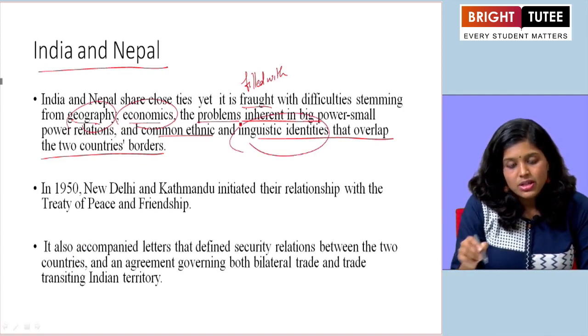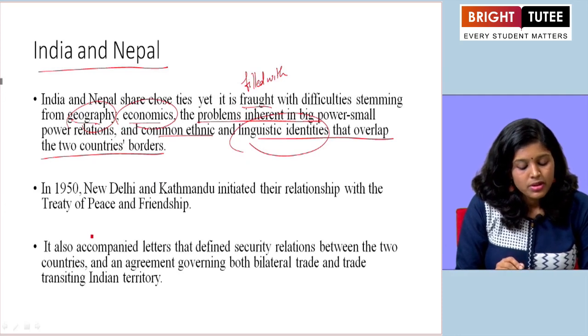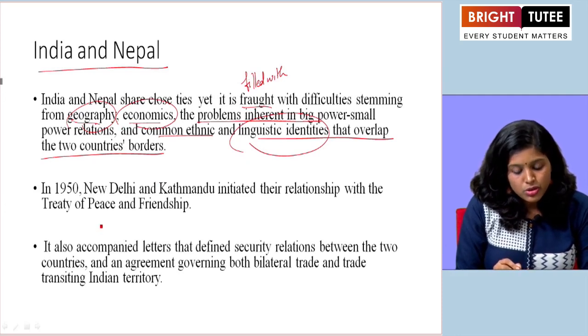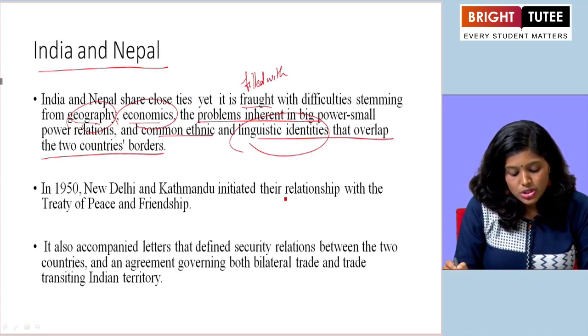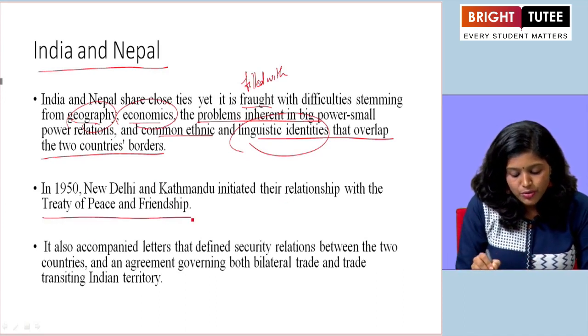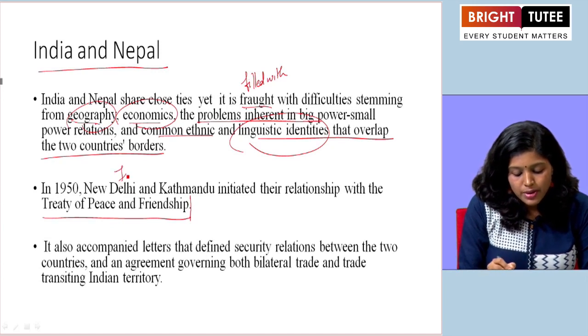Ethnic and linguistic issues. So, in 1950, New Delhi and Kathmandu initiated their relationship with the Treaty of Peace and Friendship.